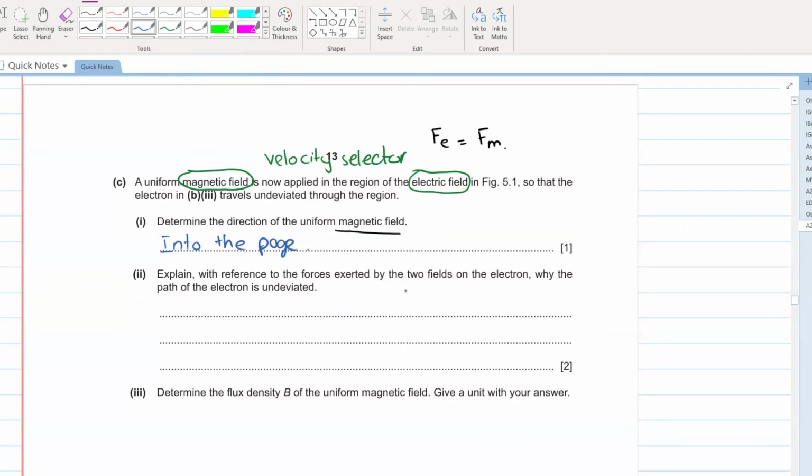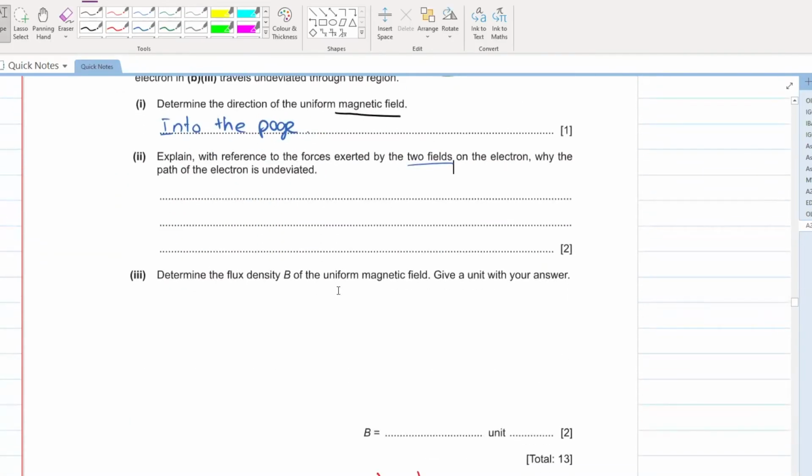Explain with reference to the forces exerted by two fields on the electron why the path of the electron is undeviated. How can we explain that? The downward force due to the magnetic field cancels out, or is in the opposite direction to, the upward force of the electric field. You can say the forces are in opposite directions.